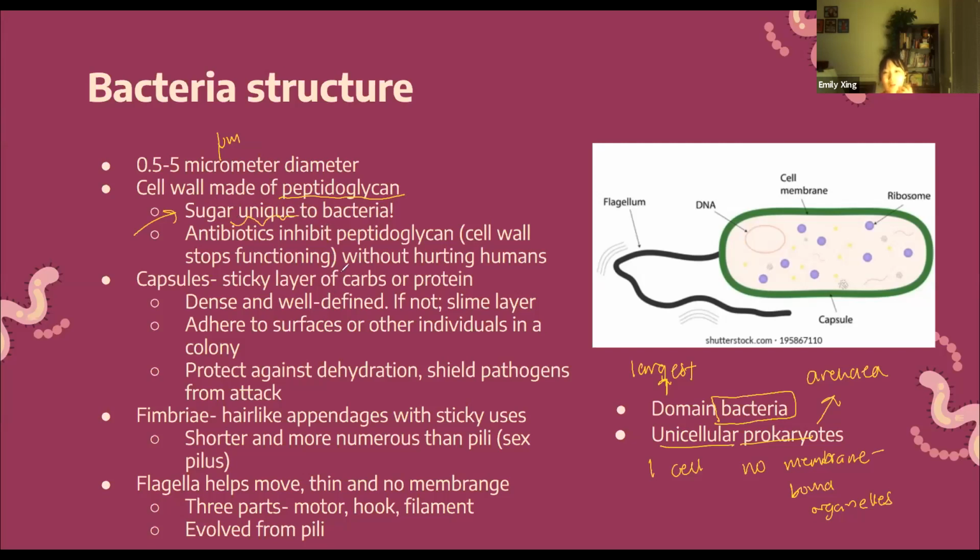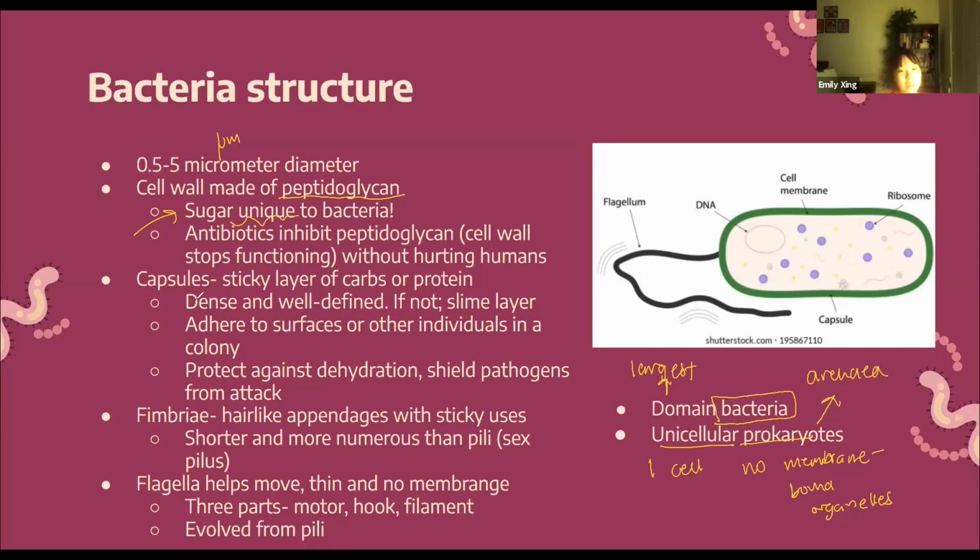One way that antibiotics work is that they often target peptidoglycan specifically, so that the cell wall of the bacteria breaks down and the cell dies, but it doesn't hurt humans because we don't have cell walls and our cells don't have peptidoglycan. So it's a good way of differentiating between bacteria and other organisms.